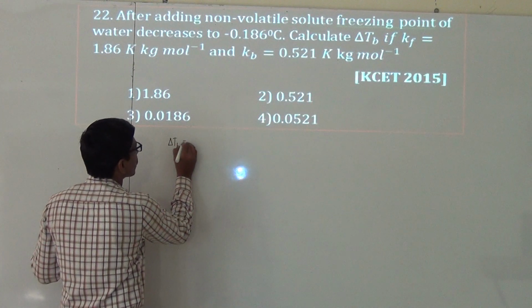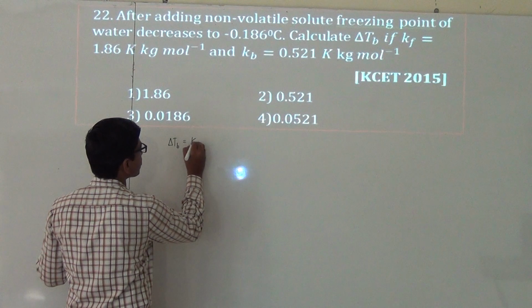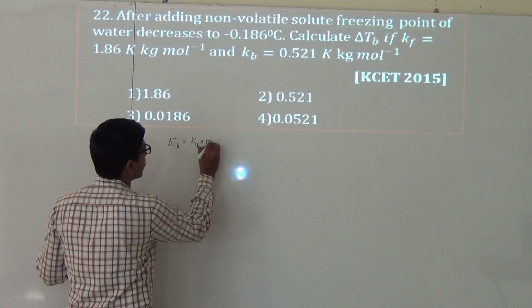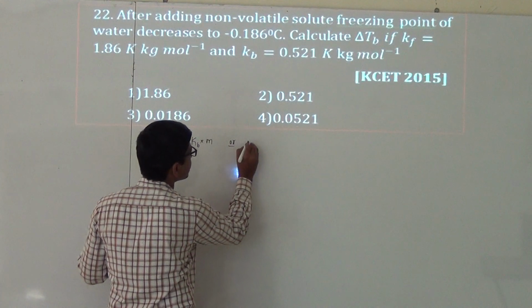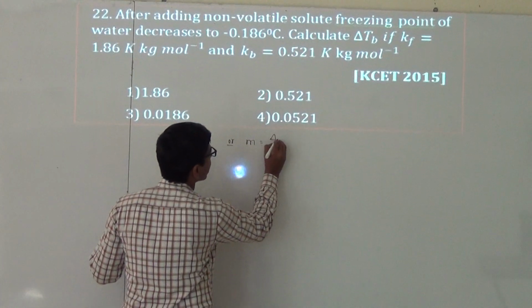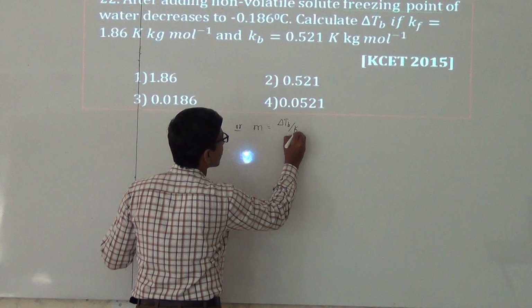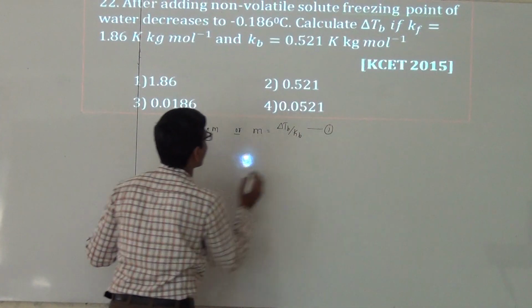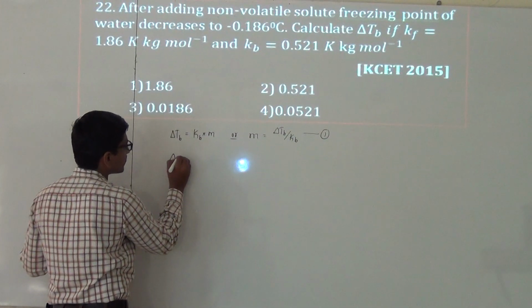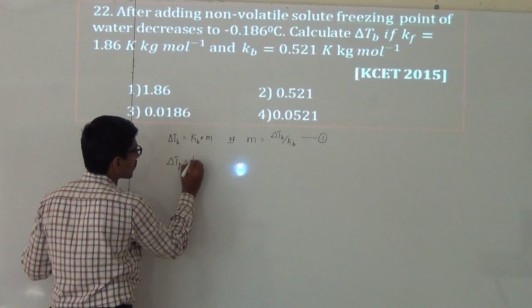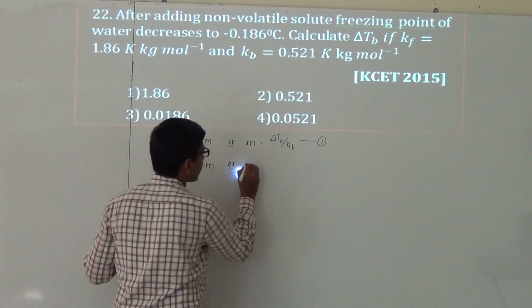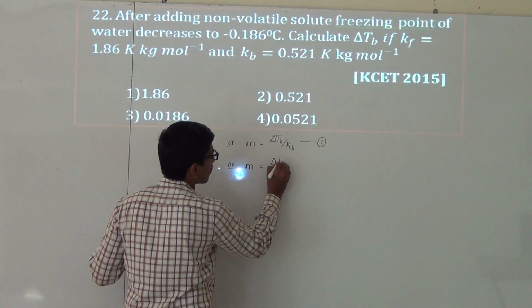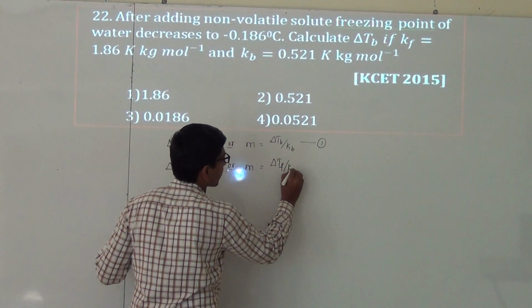For elevation of boiling point, delta TB is equal to Kb into m, or m is equal to delta TB divided by Kb. This is equation 1. And for depression in freezing point, delta TF is equal to Kf into m, or m is equal to delta TF by Kf.